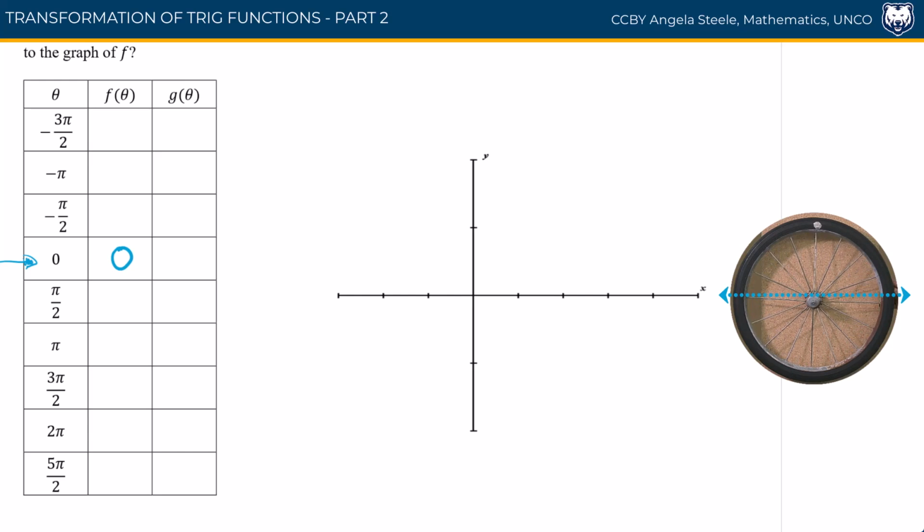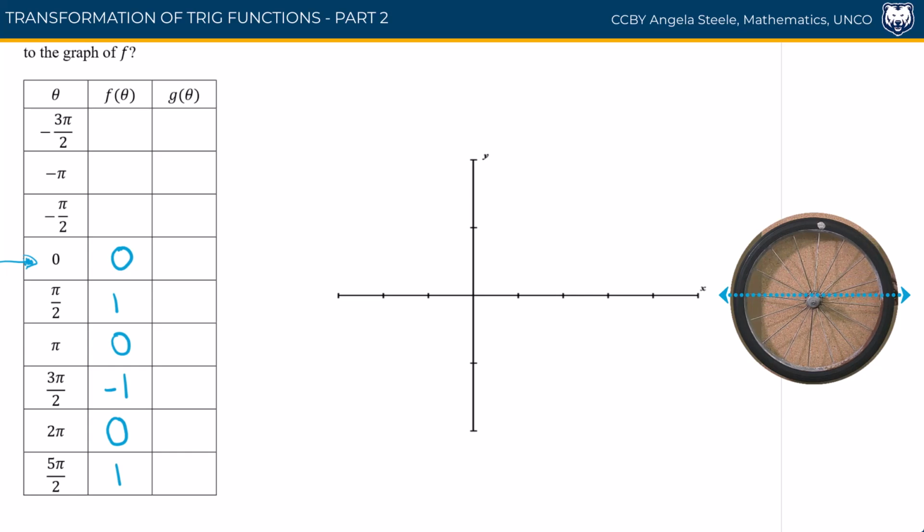That puts us 1 unit above. Pi is our 9 o'clock position, and we are right on the horizontal line. 3 pi over 2 brings us to the 6 o'clock position, so we are 1 unit below. 2 pi is back at that 3 o'clock position, and so we are right back on the horizontal line, and then we can keep going around in the circle, so the next one is 1 unit above.